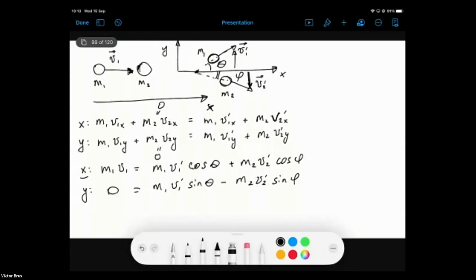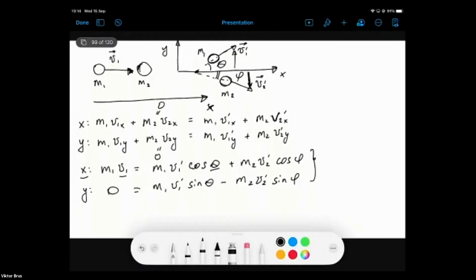Okay, so now we already have a set of two equations. And if there are two unknowns, for instance, v1 and angle theta, and all other parameters are given, we can already determine them, and these two equations are sufficient.